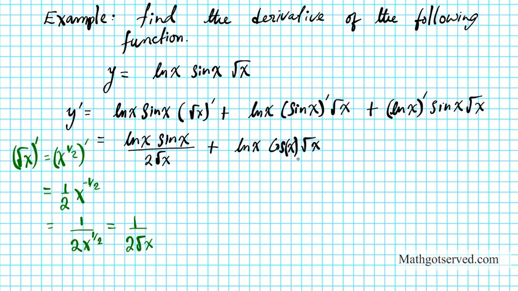Parentheses here so we don't get confused, plus, now what's the derivative of natural log? It's easy, 1 over x, right? So we're going to have sine x root x divided by x, because the derivative of the natural logarithm of x is 1 over x. Okay? So there goes your derivative of a product of three functions.